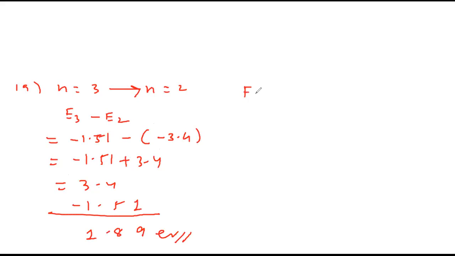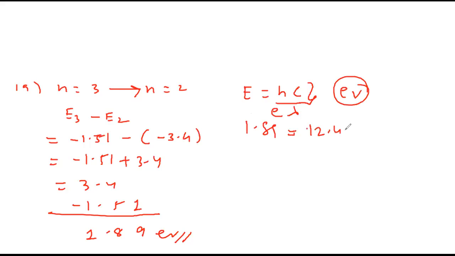And energy emitted is nothing but hc by lambda. Therefore, energy is 1.89 electron volt. hc I told you can write as 12.43 into 10 raised to minus 7 divided by E to get answer in electron volt. This I told you, remember the shortcut.